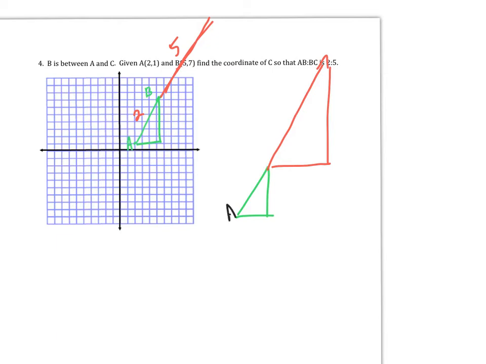So this is A, this is B, and we're finding point C up there somewhere. So again, we got to really think about what do we know and what do we not know. What are my given lengths?